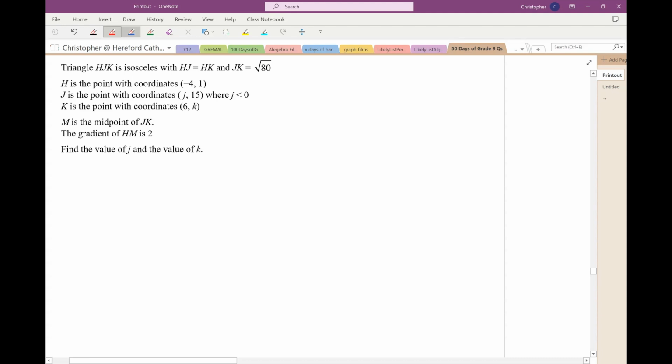Question 36. Right, looks like we're doing some coordinate geometry here. So let's start by drawing a diagram. So we've got an isosceles triangle, and we've got H, J, and K. Now we know that those two sides are equal.